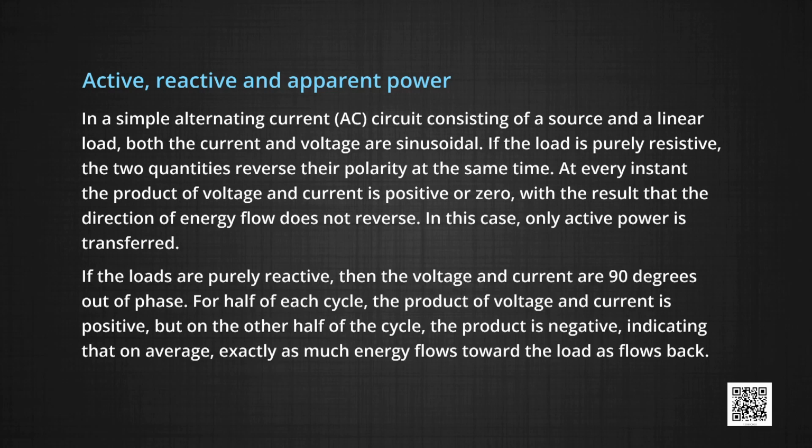If the load is purely reactive, then the voltage and current are 90 degrees out of phase. For half of each cycle, the product of voltage and current is positive, but on the other half of the cycle, the product is negative, indicating that on average exactly as much energy flows towards the load as flows back.